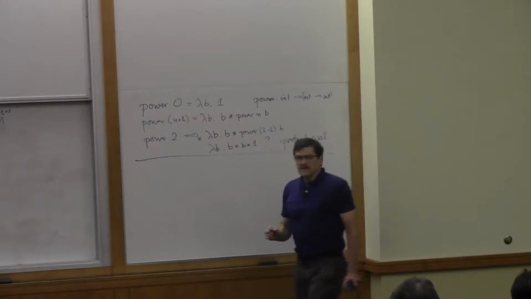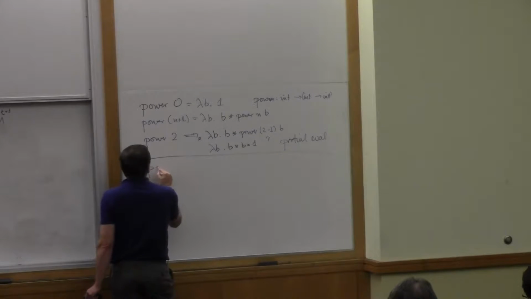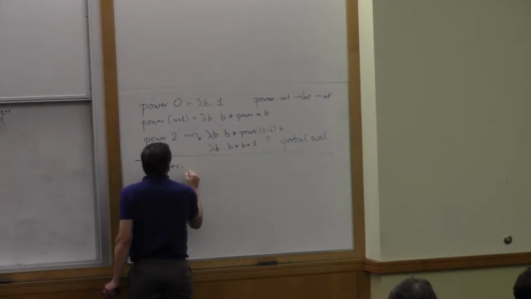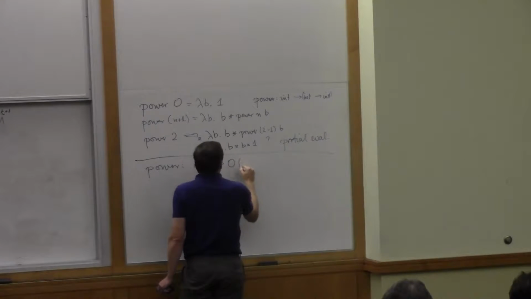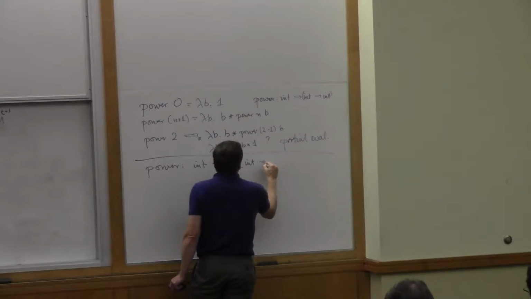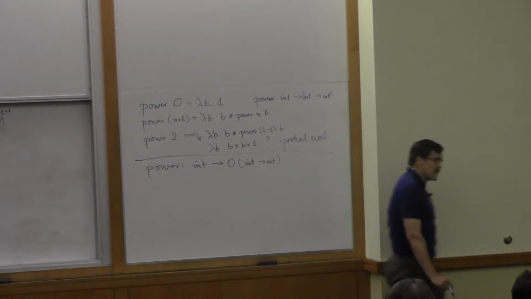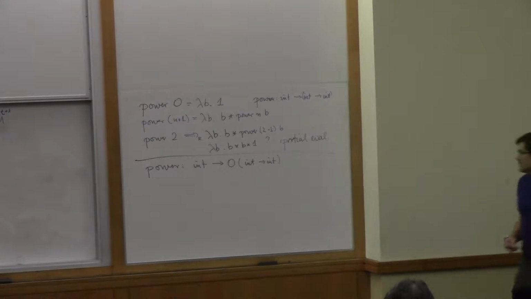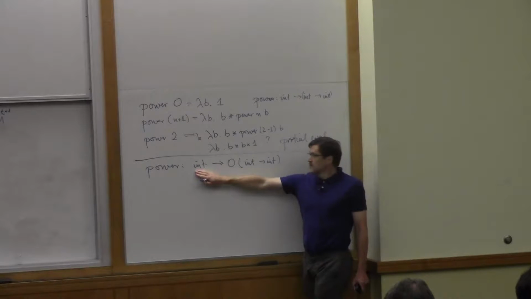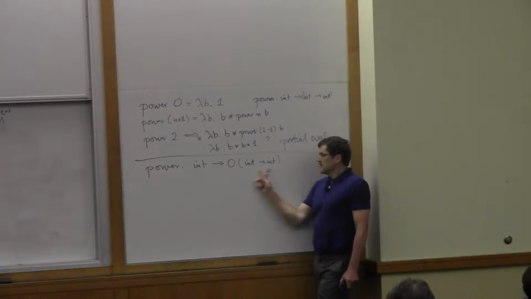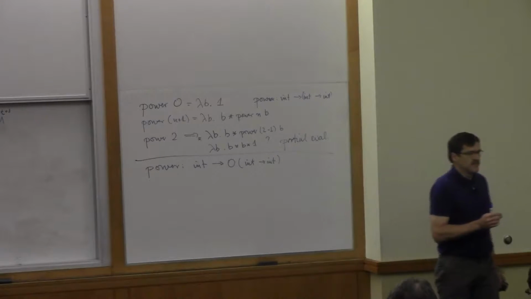So what we're going to do first is we're going to rewrite our type. The way we're going to rewrite it is we say the power function has type: it takes an integer, and then at the next step, I want to get a function from integers to integers. So now I'm explicitly saying in the type, the power function takes an integer argument, and then it generates me a function from integers to integers that I can evaluate at a future time.